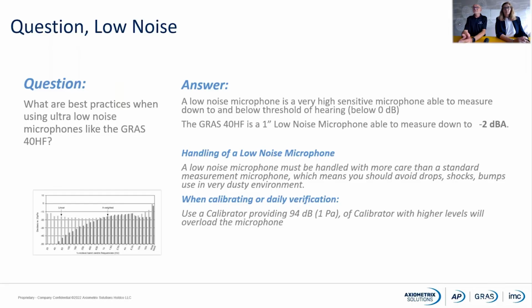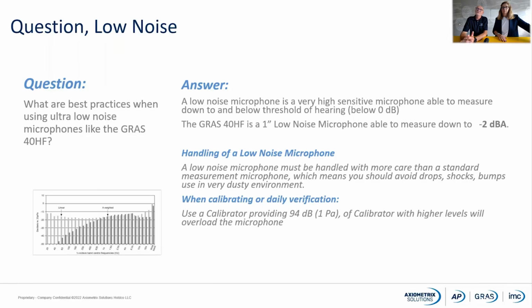Like a standard measurement microphone, when you are working with it, you have to do a calibration, or I would actually call it daily verification. The daily verification can be done by a standard calibrator, but for a low noise microphone, you cannot use it at higher levels than 94 dB. If you use it at higher levels, then you will overload the microphone.